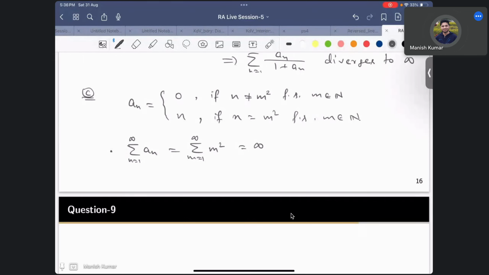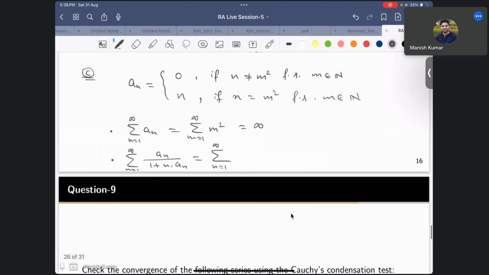But now let's look at this summation a_n upon 1 plus n times a_n. In this case, when a_n is 0, we don't need to worry. When n is equal to m square, what do we get? We'll get m square on top, so let's write m equal to 1 to infinity. Here n is m square, and below we'll have n is equal to m square and then a_n is m square. Now can you see there is a rise in the power? Earlier this n times a_n was there.